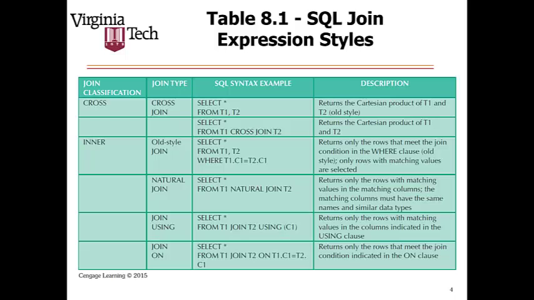Well, the inner join, where you list your tables, they call it the old style, right? And then you show your attribute C1 in T1 equals the attribute C2 in T2. And so that's a join.